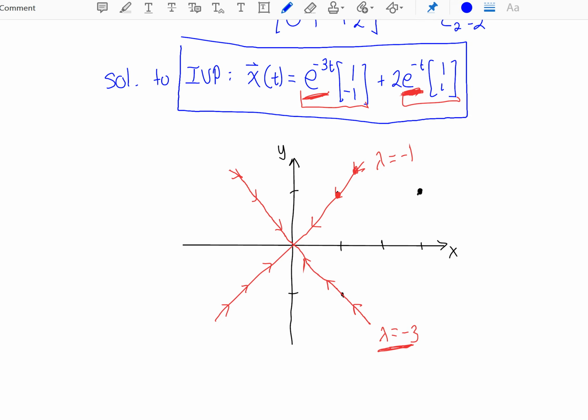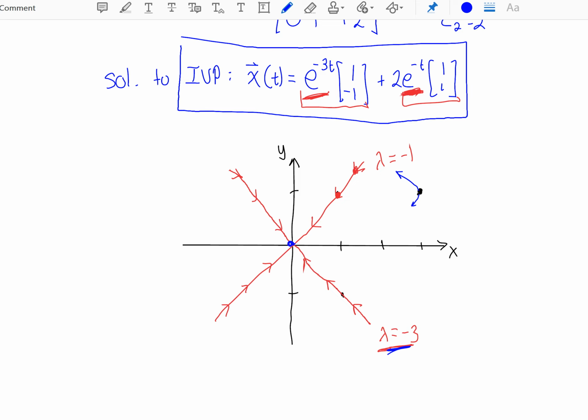There is the movement from this eigenvalue negative 1 that's pulling it in this direction. There's the movement from the eigenvalue negative 3 that's pulling it in this direction. So notice there's more movement towards that direction than there is the other. It's faster. But both of them are moving towards the origin.